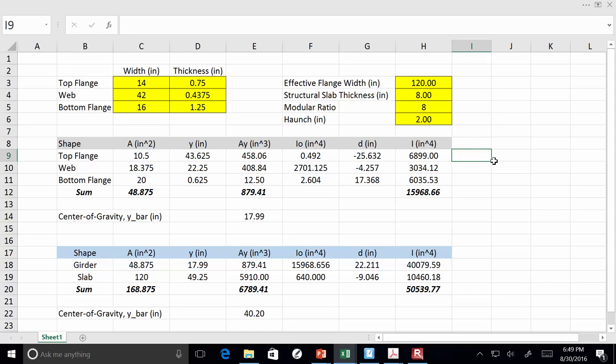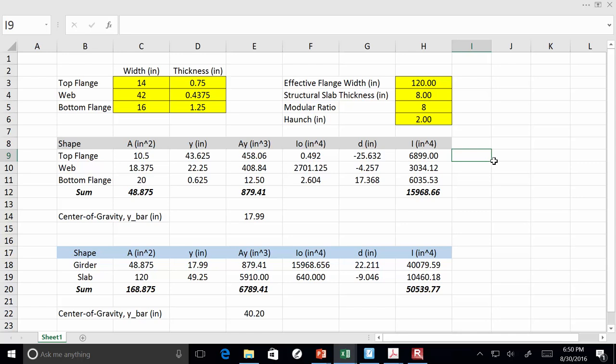And the center of gravity is not very pretty either. It's 17.99 inches. So it stands to reason that we're going to have two section moduli: a section modulus to the way tippy top of the beam, and then a section modulus to the way bottom of the beam. Sound good?